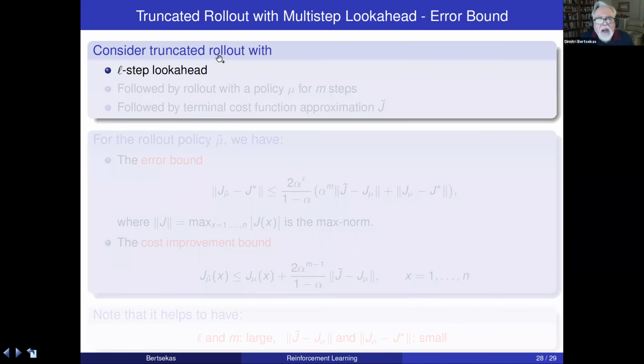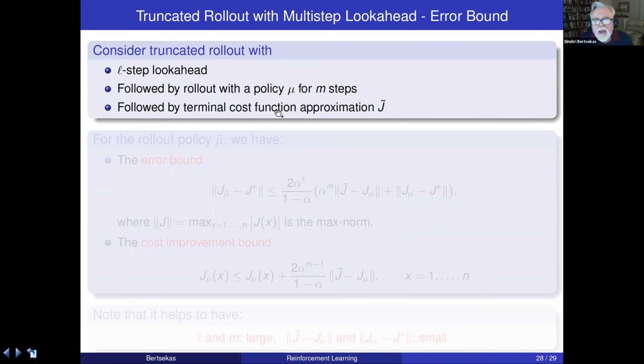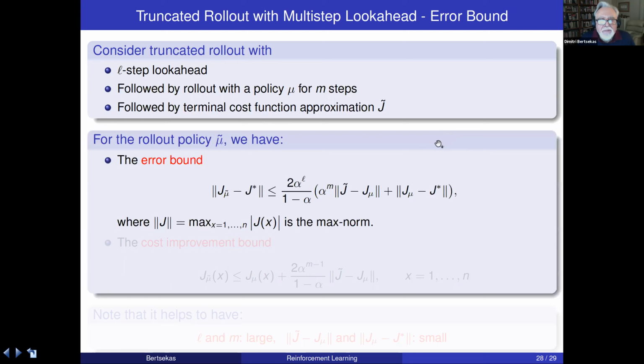So let's consider truncated rollout with L-step lookahead minimization, followed by a rollout with a base policy for M steps, and then followed by terminal cost function approximation J tilde. And we have this result here. How does the rollout policy compare with the optimal and also with the base policy? We have this error bound.